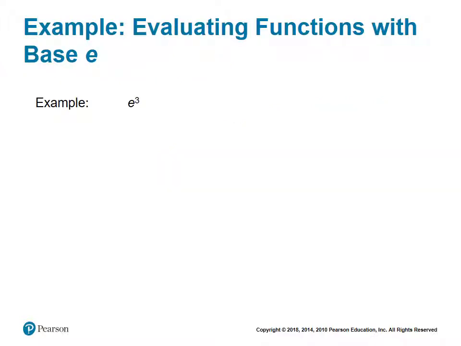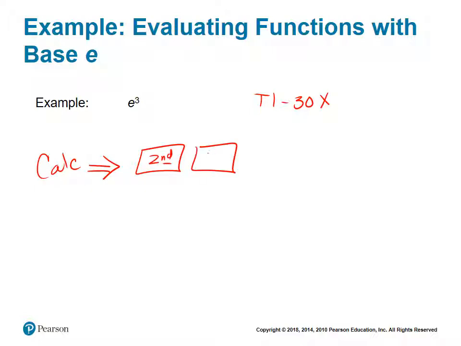Now, how do you evaluate something with the base of e? You will use the calculator for this as well. And in the TI 30X calculator, like in the classroom, we would need to type in the e first. Now, to get to e, you would actually type the second function key and then a key that has the letters LN.